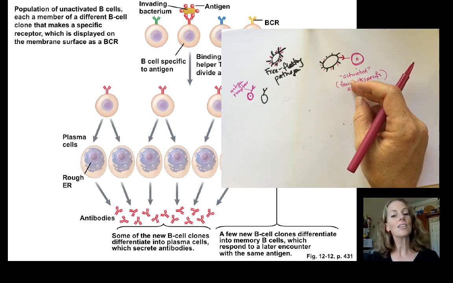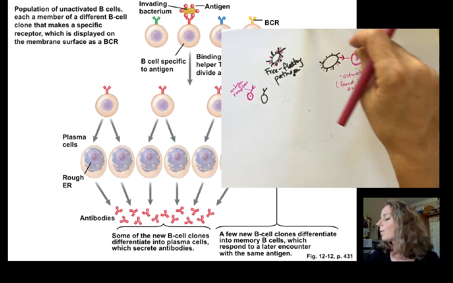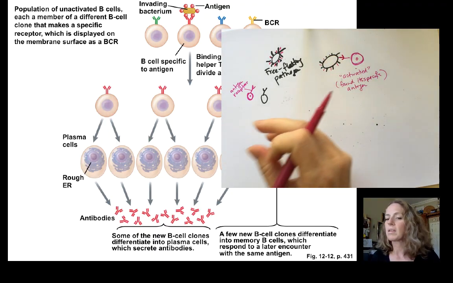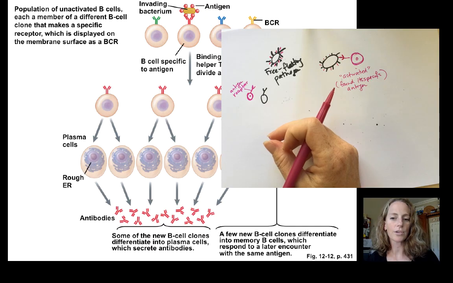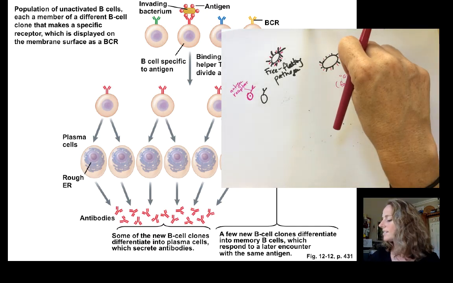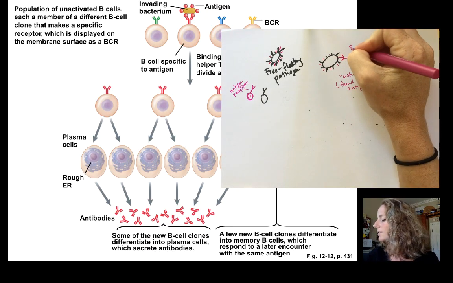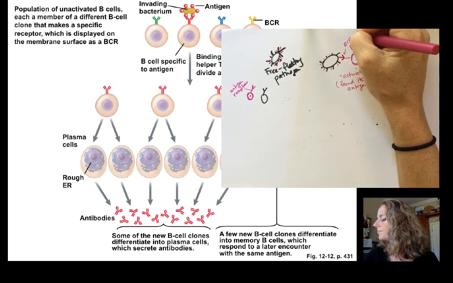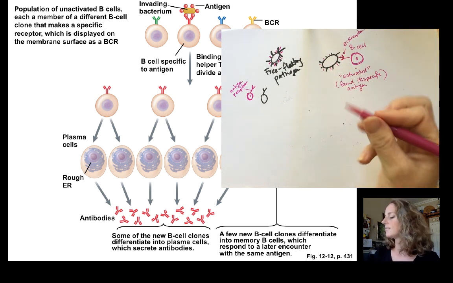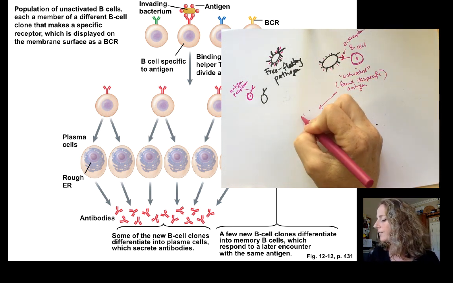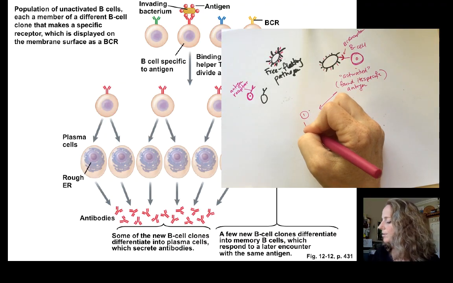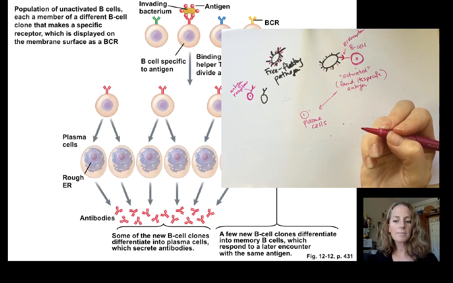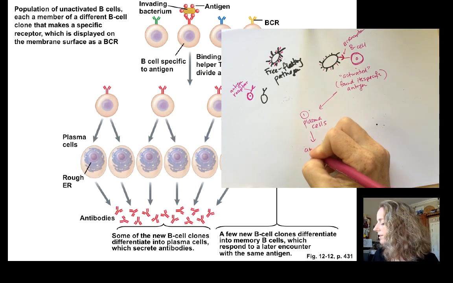Right? So they could go their entire lifetime without ever encountering the antigen that they have been built to encounter. But once it does, it will become activated. So this is a B cell with its B cell receptor. Once it becomes activated, 2 things happen. The first thing that happens is it produces plasma cells. Plasma cells are going to produce antibodies.